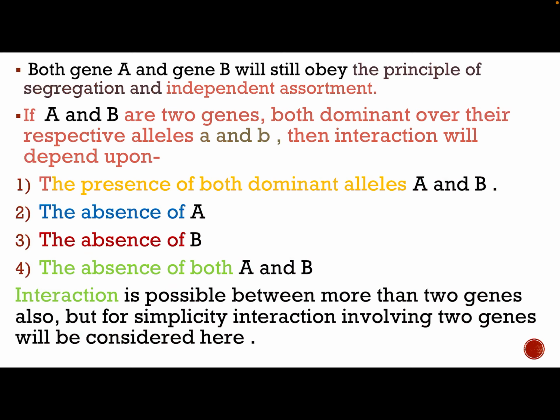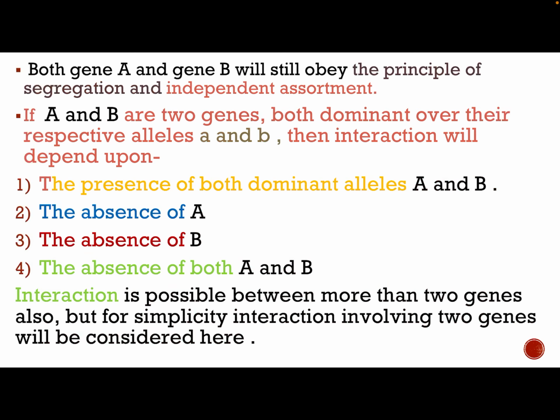In the first condition, both dominant alleles are present. It may happen that when both dominant alleles are present in one individual, it gives a distinct phenotype. In the second condition, one dominant allele, for example A, may be absent but B may be present. In the third, B may be absent but A may be present.